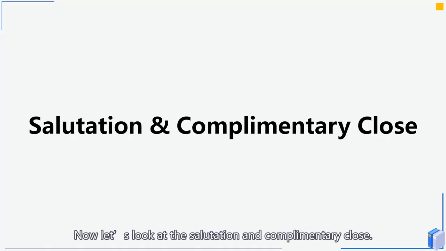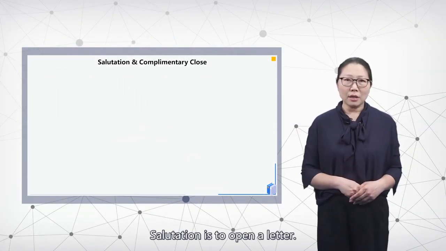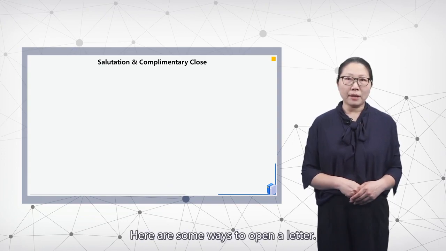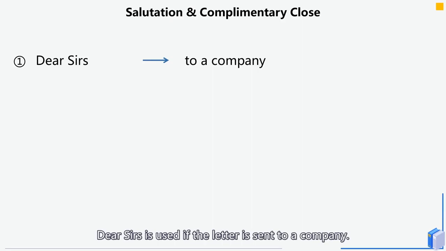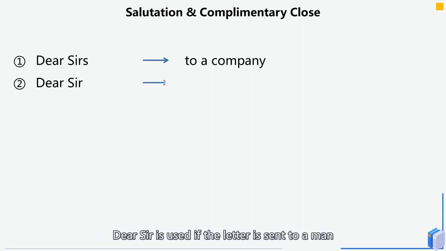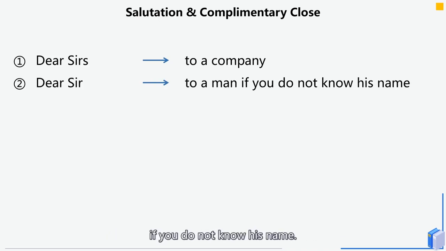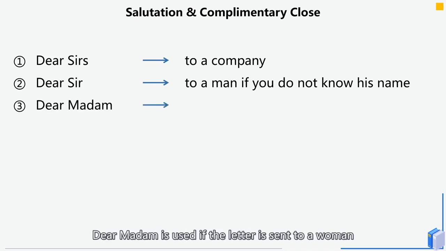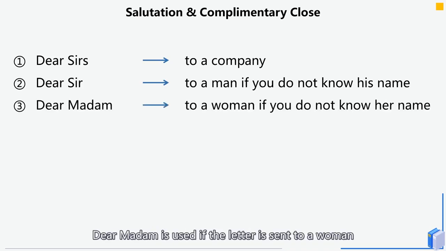Now let's look at the salutation and complimentary clause. Salutation is to open a letter. Here are some ways to open a letter. Dear Sirs is used if the letter is sent to a company. Dear Sir is used if the letter is sent to a man whose name you do not know. Dear Madam is used if the letter is sent to a woman whose name you do not know.